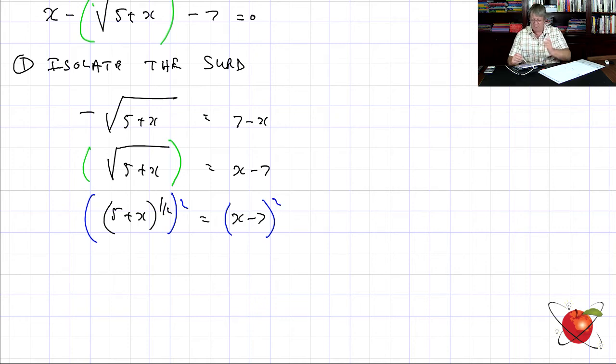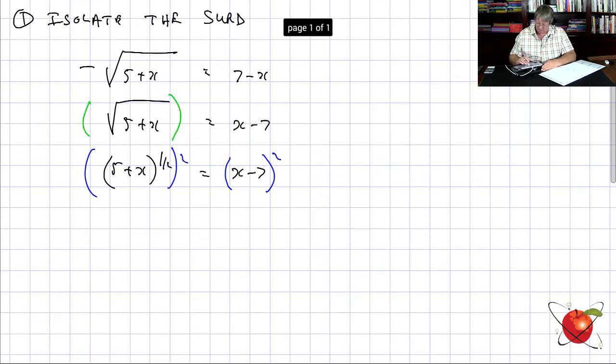So basically we isolate the surd, and change the surd, which is either going to be a half, a third, a quarter, to an exponent. Then do the opposite to both sides.